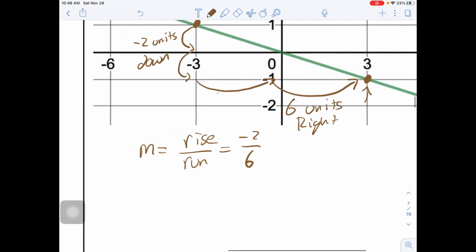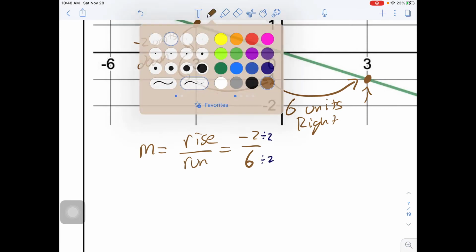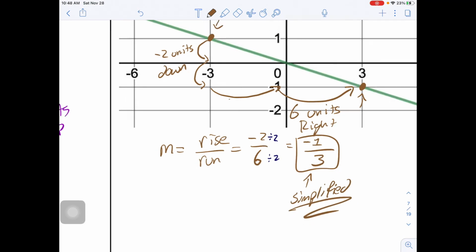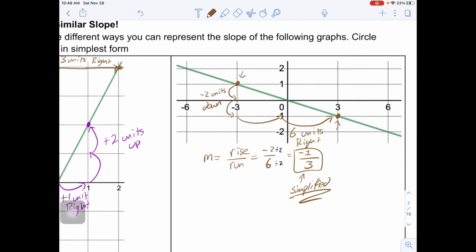So recognize that's one way. That's not my simplified version though. These both are divisible by 2, so I can make it -1 over 3. So that's my simplified version. Okay, and recognize either one works.